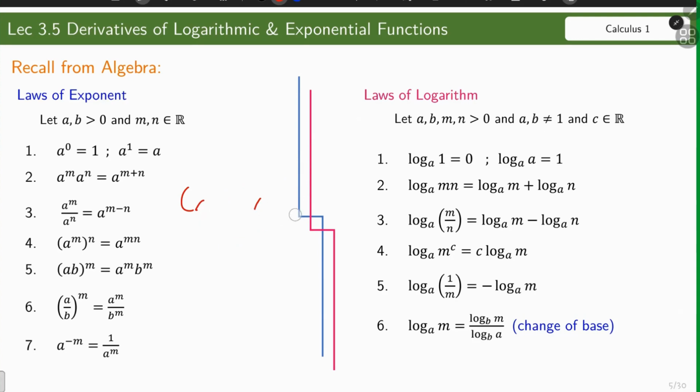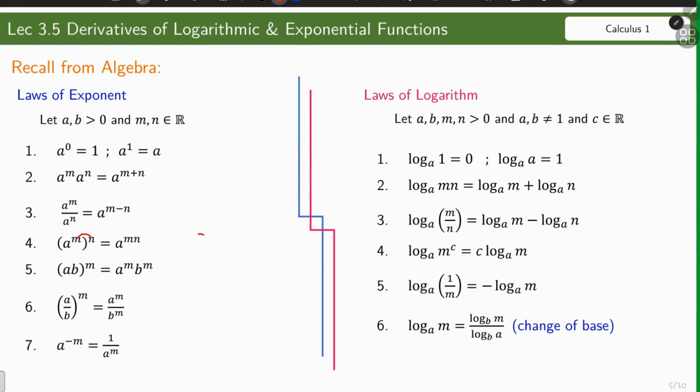Number 3, a raised to m divided by a raised to n, we subtract their exponents. Number 4, the quantity a raised to m, raised to n. Here we have a power of a power. What we do here is we multiply the exponents.